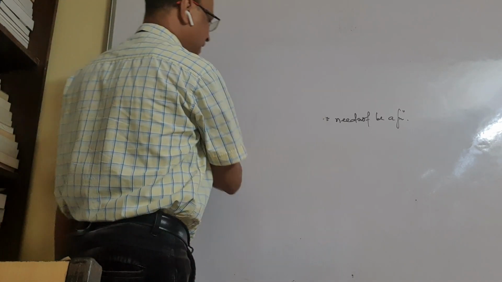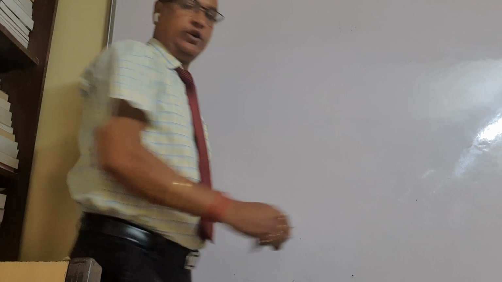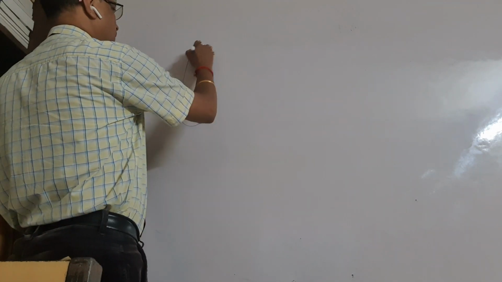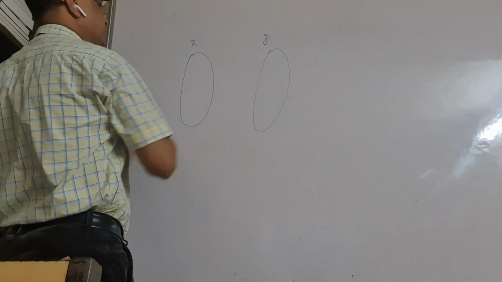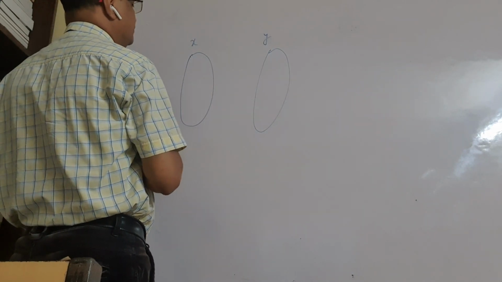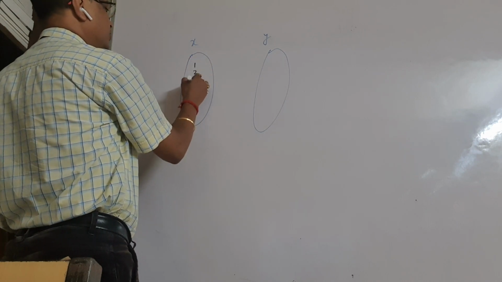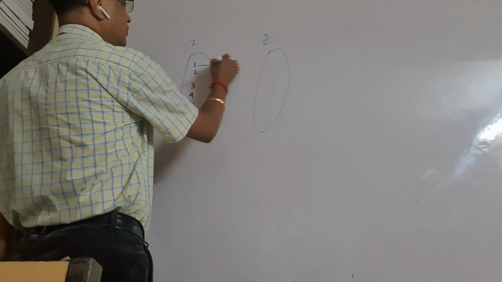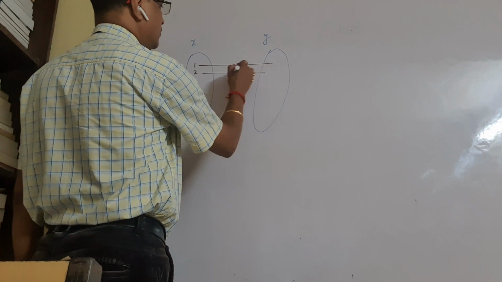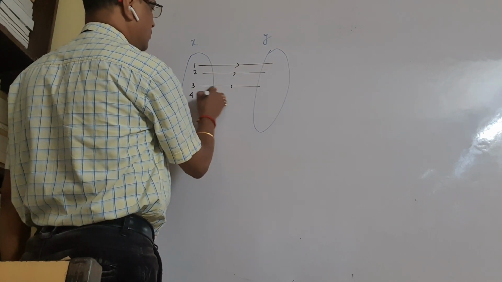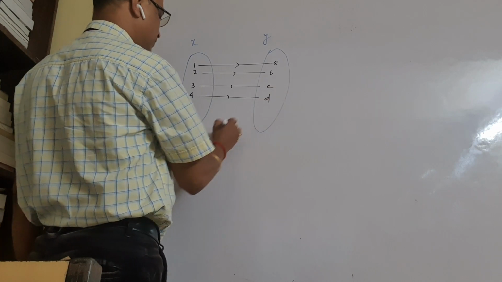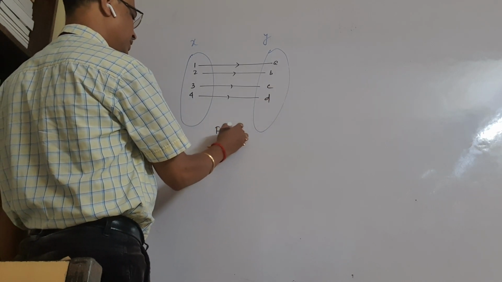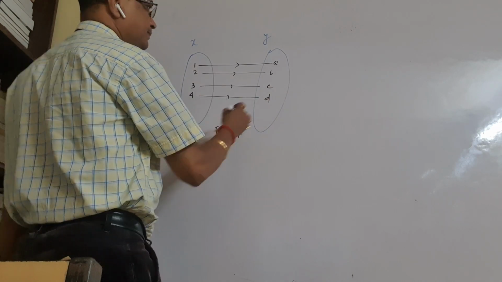I am drawing some diagrams so that it will be more clear for you. So this is Y, this is X. 1, 2, 3, 4 and A, B, C, D. This is figure number 1.